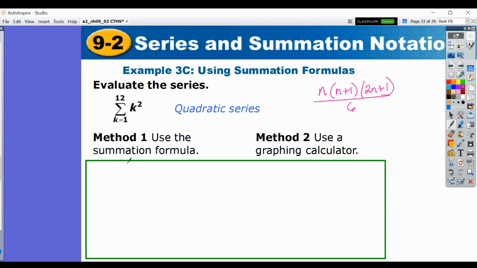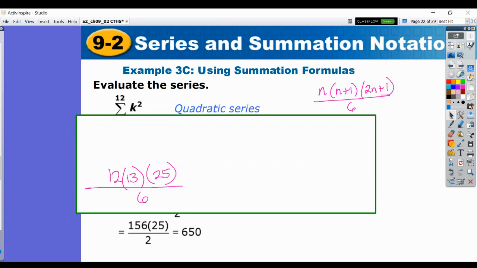So using the summation formula, we would plug in a 12. 12 plus 1 is 13. 2 times 12 is 24 plus 1 is 25, all divided by 6, and whatever you get with that is the answer. Which is 650.